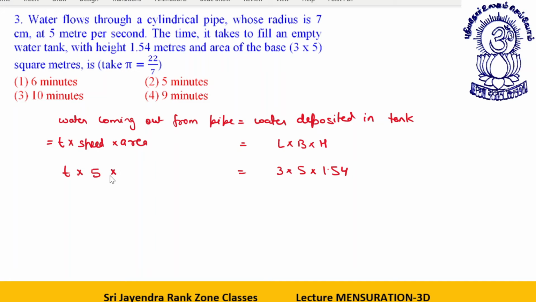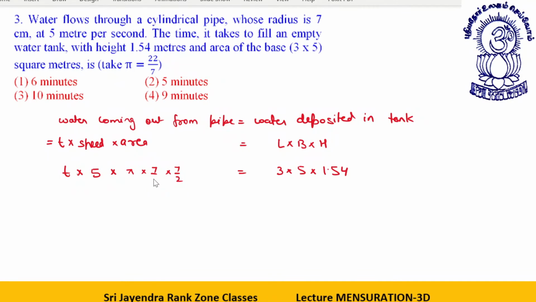And what is the area? Cylindrical pipe whose radius is 7 centimeter. So the area will be pi into 7 by 2 into 7 by 2. So far everything is clear.